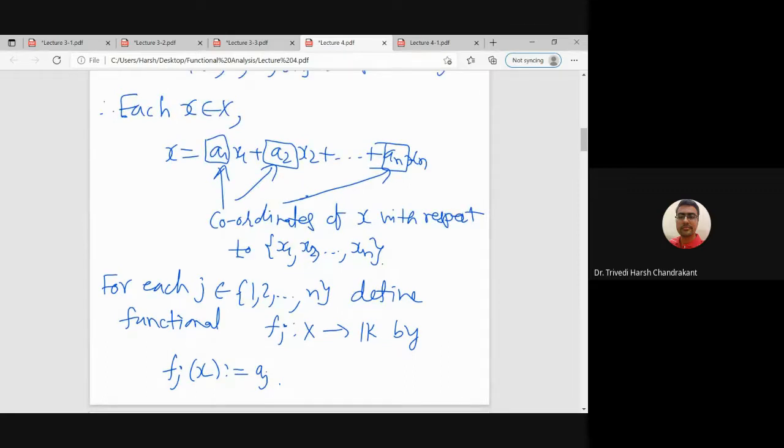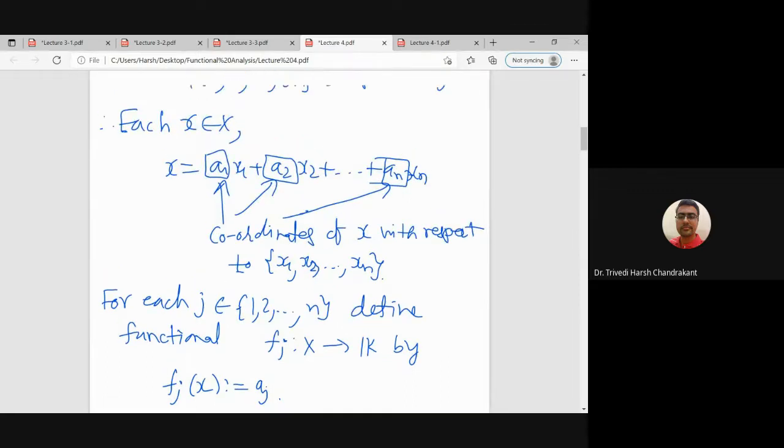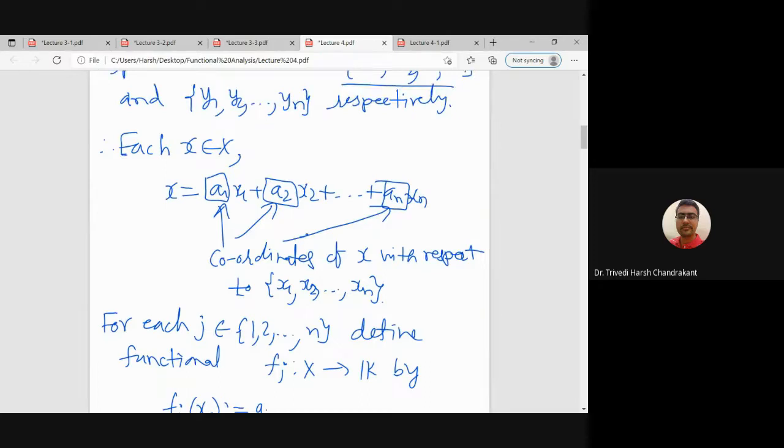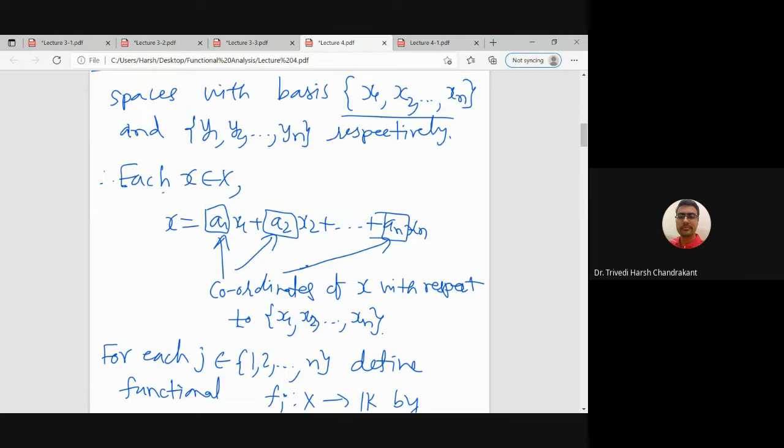So basically the jth coordinate of x1, but in x1 there is no jth coordinate, right? Because if x1 is written as a combination of x1, x2, ..., xn, then we only get x1 times x1, right?